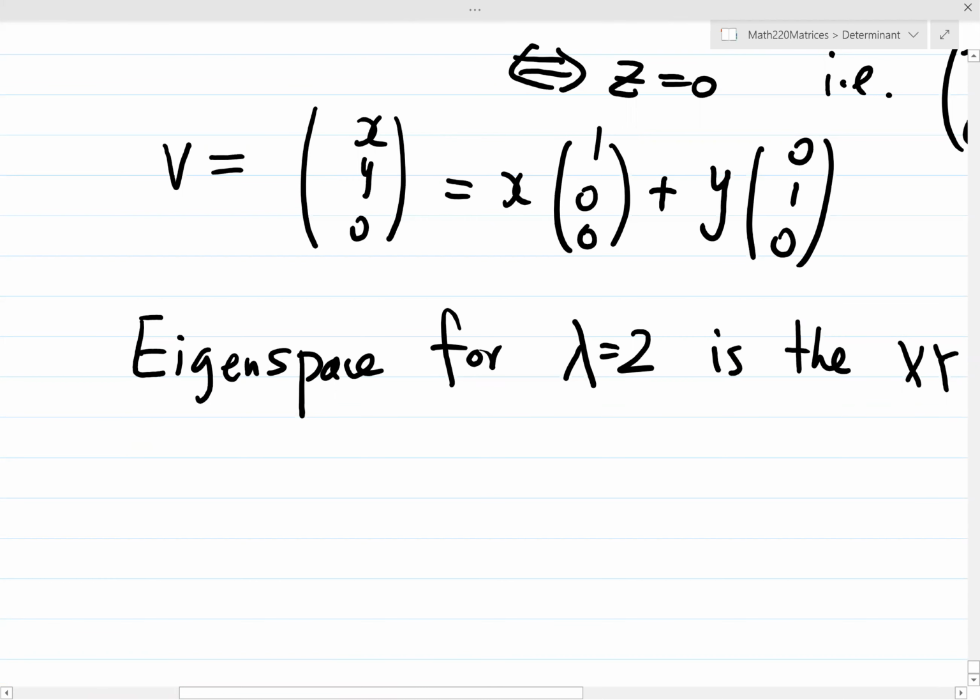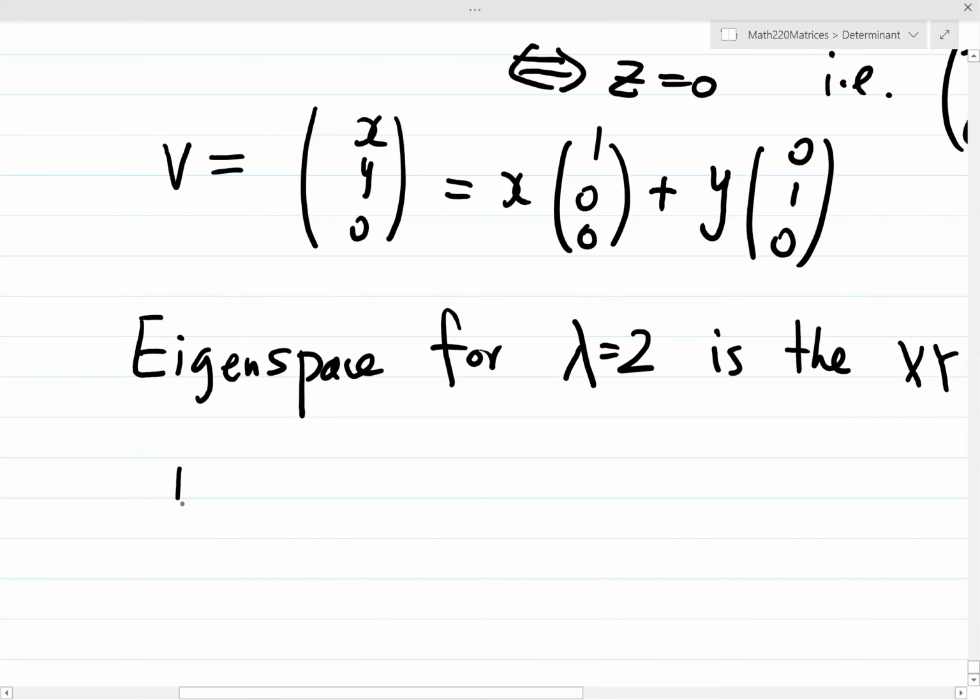Be careful. In general, the geometric multiplicity is less than or equal to the algebraic multiplicity. They may be equal, but it is possible that the geometric multiplicity is strictly smaller than the algebraic multiplicity.